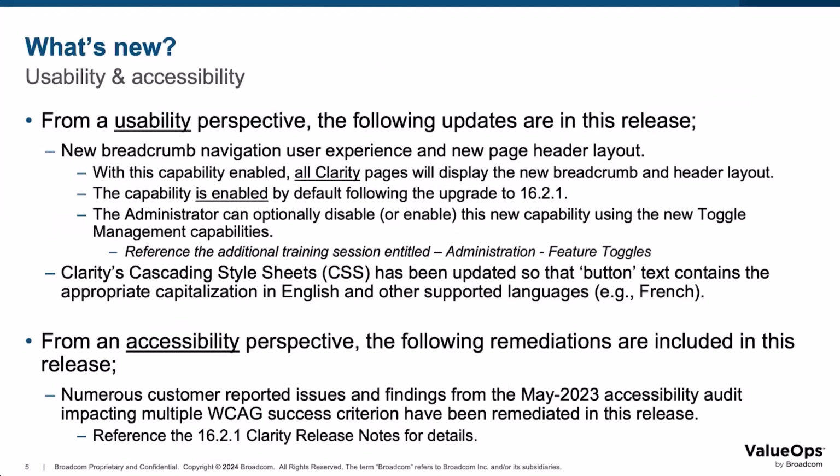From an accessibility perspective, there's been a number of remediations included in the release that were customer reported, as well as findings from that May 2023 accessibility audit, which impacted multiple WCAG success criterion, which have been remediated in this release. I encourage you to reference the 16.2.1 Clarity release notes as soon as they're available.